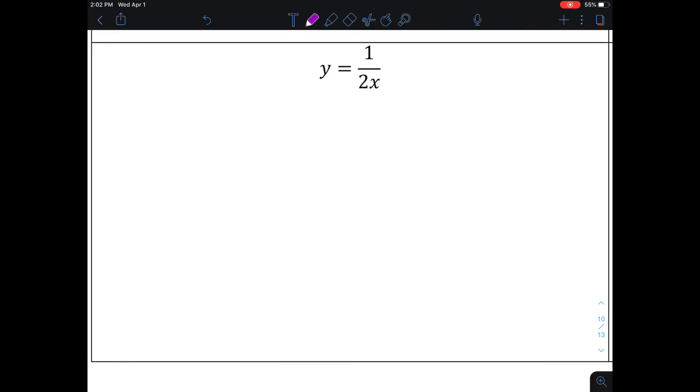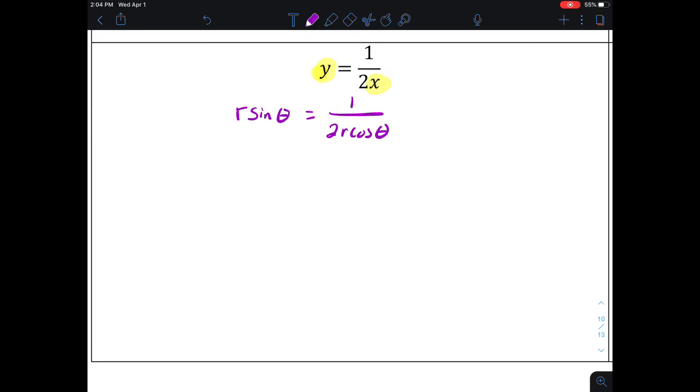So I have y equals 1 over 2x. And if we wanted, we could go ahead and say, all right, well, I don't see anything being squared. Let's go ahead and replace the y and the x with their conversion forms. So y is equal to r times sine of theta, and x is equal to r times cosine of theta. And we try to figure out how to proceed from here.